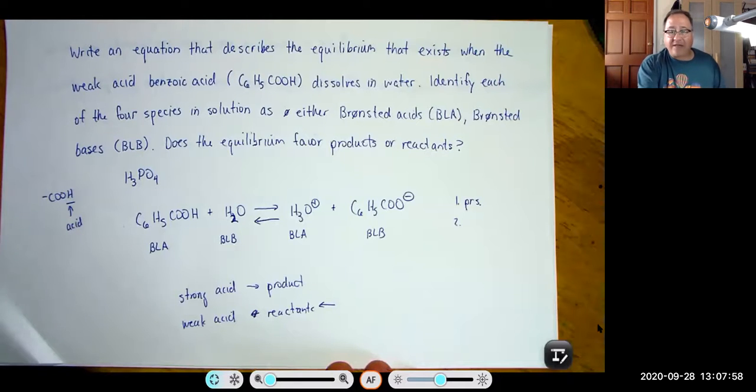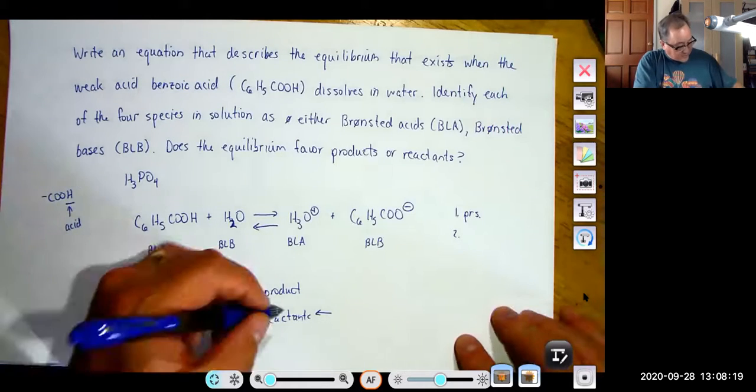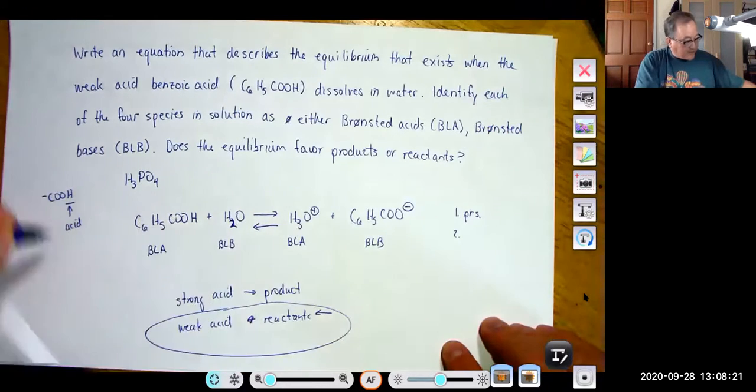If you think it's reactant favored, go slower because that points to the reactant side. If you think it's product favored, pick go faster because that picks the product side. Go slower is correct. It's a weak acid. How do we know? They tell us.